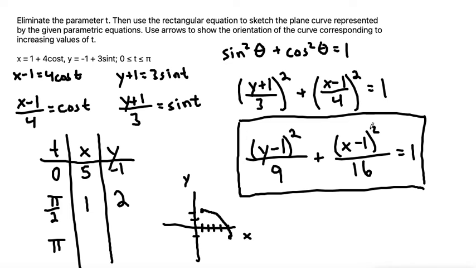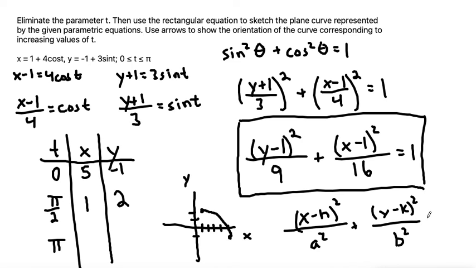And we know it's an ellipse shape because of the rectangular equation that has the form (x minus h) squared over a squared plus (y minus k) squared over b squared is equal to 1. That's how we know it's an ellipse kind of shape.